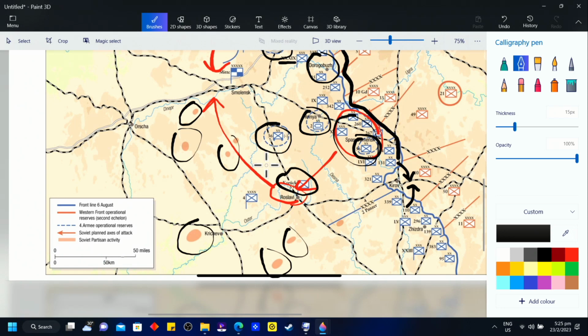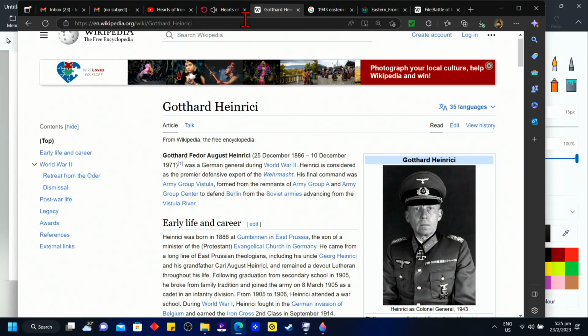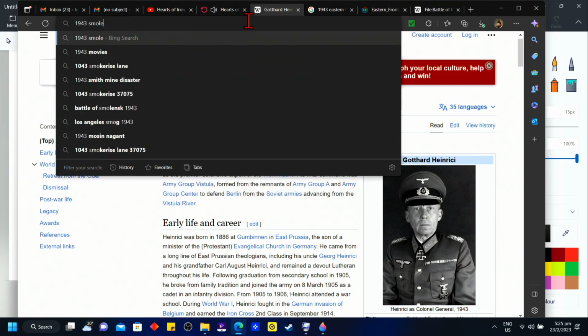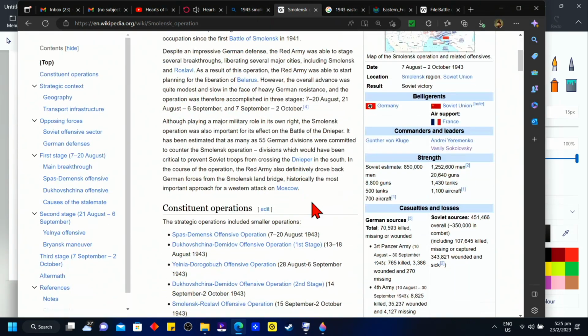Let me take a look for Sokolovsky. So, just a quick look at the statistics. 1943 Smolensk operation.